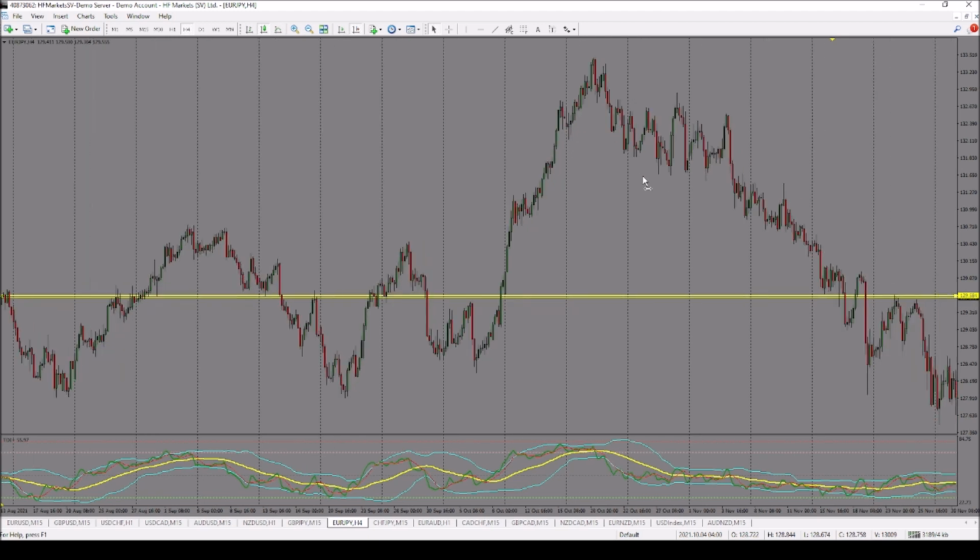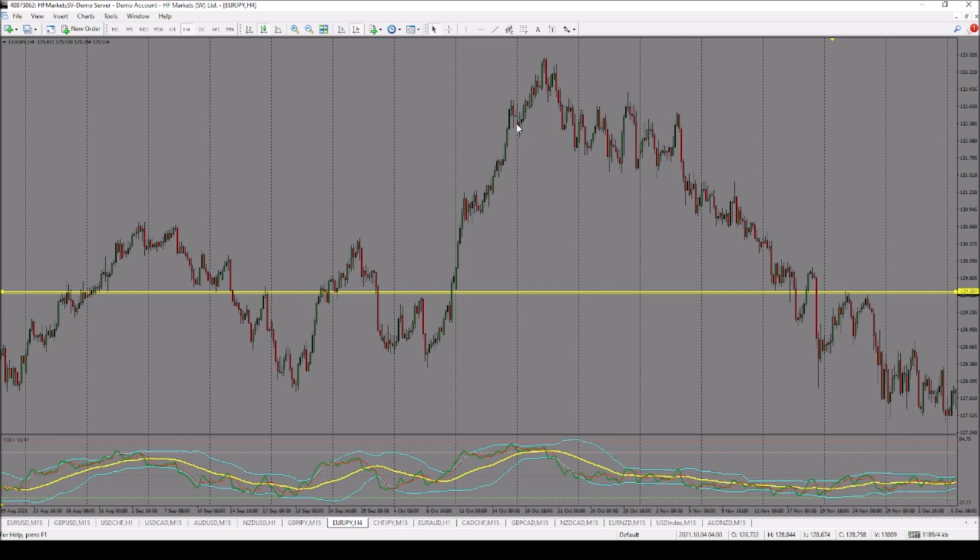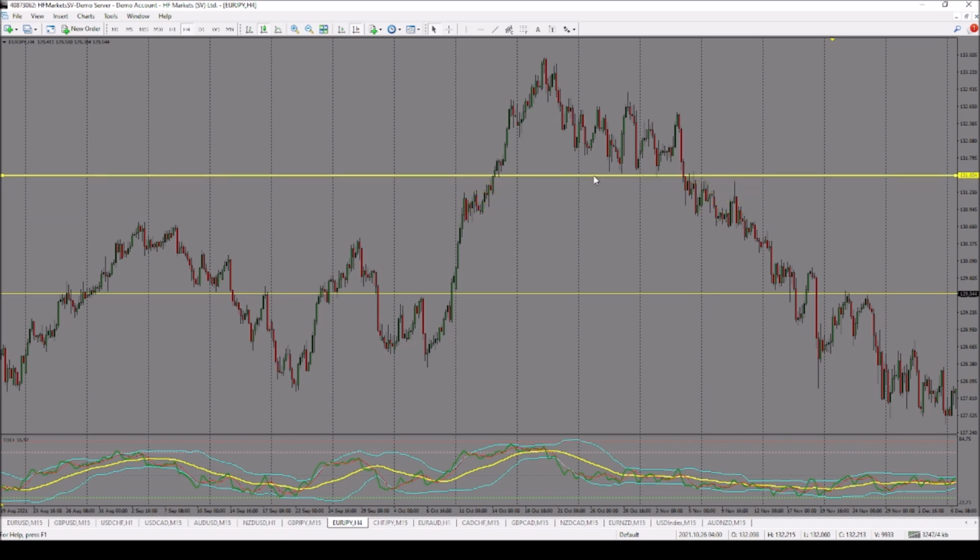Then at this point, we can see that the market broke the last low of the previous trend. Therefore, after it broke, we knew that we were now in a downward trend. So where is the first low of the market? A valid first low was at this wick.